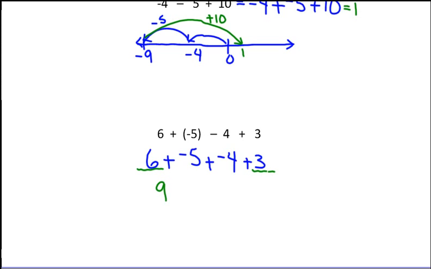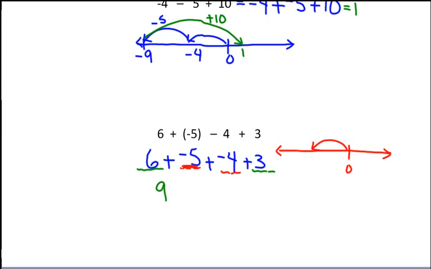Then I have 2 negative numbers, so once more let's draw a number line just to be sure that we understand about that. I'm going to start at 0. I'm going to go 5 to the left because I've got a -5 here.